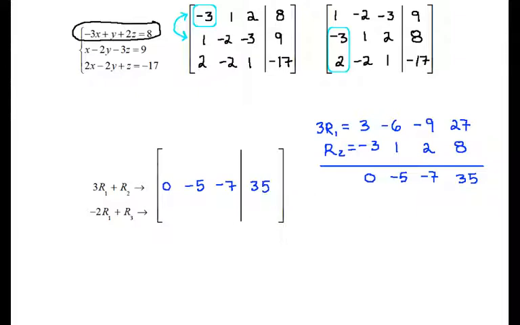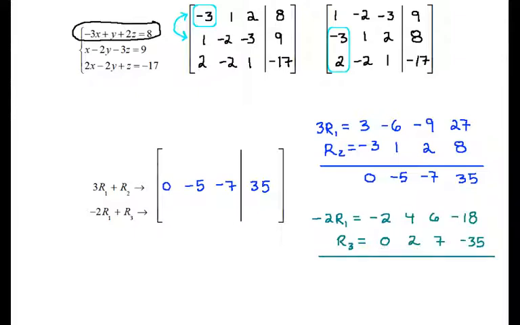And now we can also do the transformation we wrote for row 3, -2 times R1 plus R3. So I'm going to write these down off to the side. All right, so I get the 0 that I was going for in the first position, followed by 2, 7, and -35.